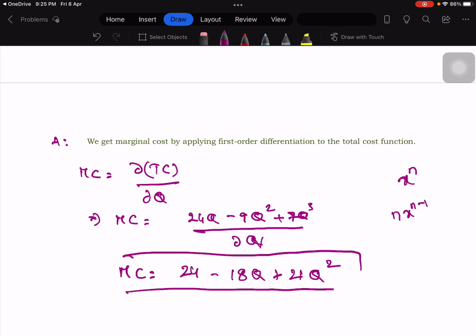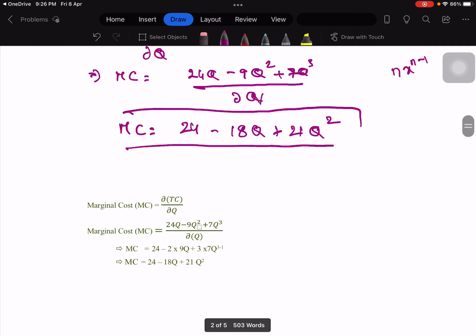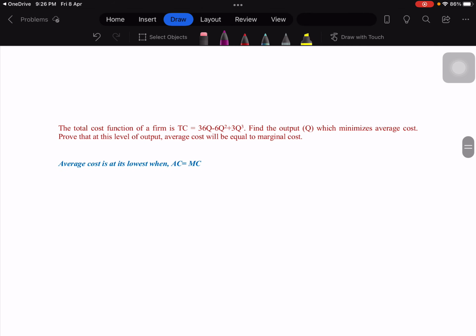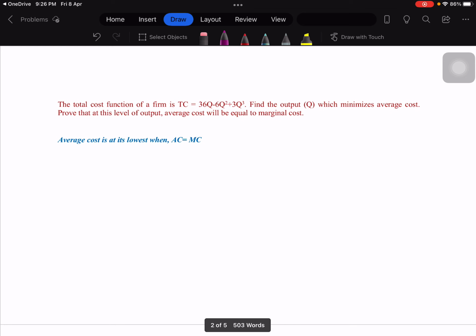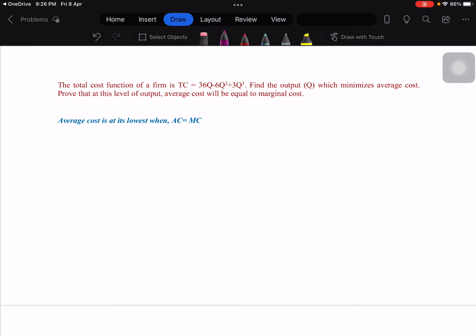Let's look at another problem. The total cost function of a firm is TC is equal to 36Q minus 6Q square plus 3Q cube. Find out the output which minimizes the average cost.